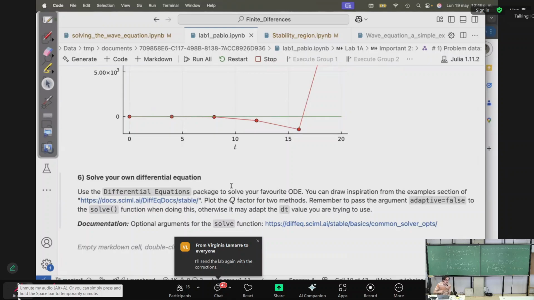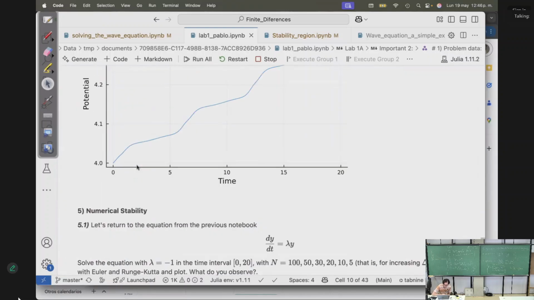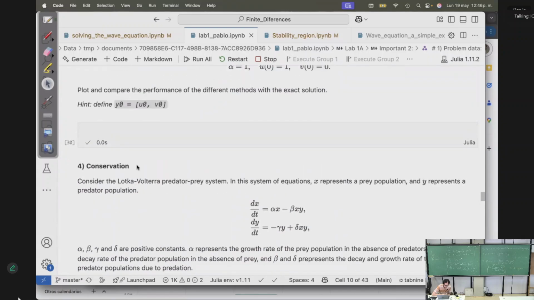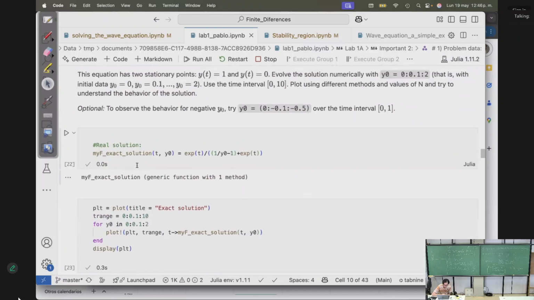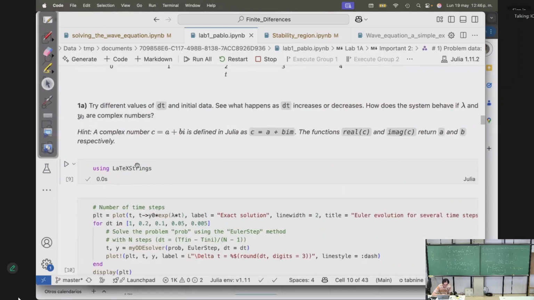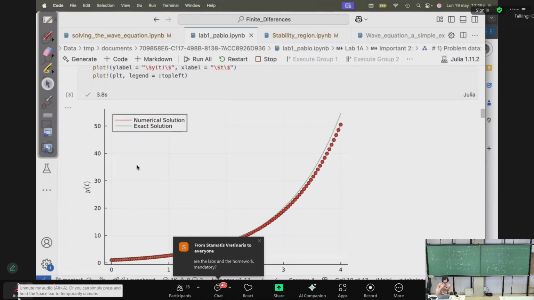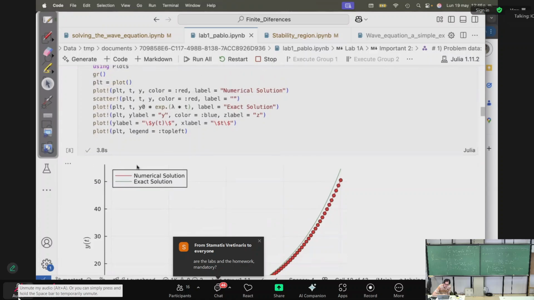Some people will send the lab again with the correction, because I'm truly sorry about that mistake. It got carried over from a previous iteration and I didn't catch it because there was an exponential growth. I just assumed, oh, this plot is okay, and now I see that it was plotting something else entirely.